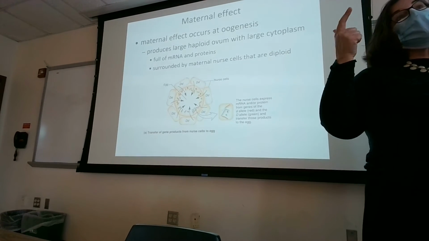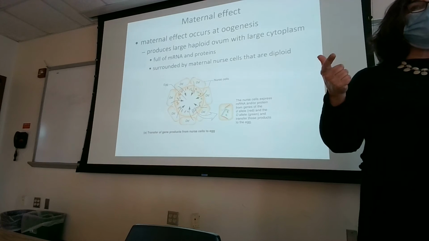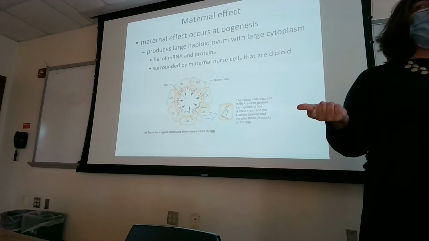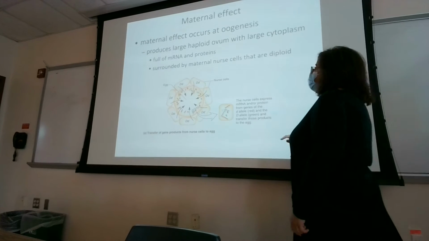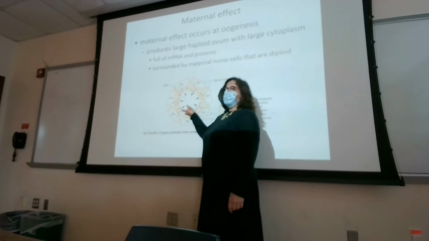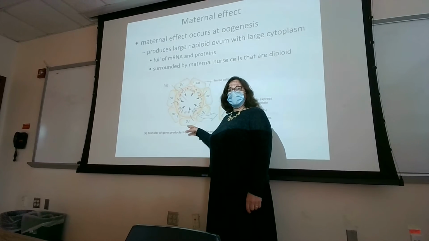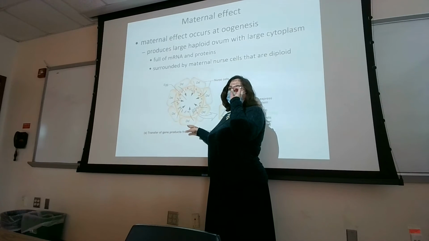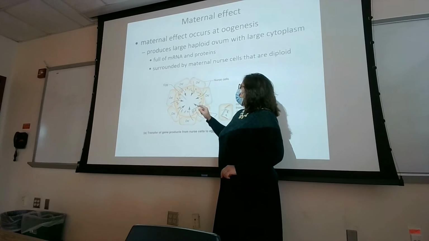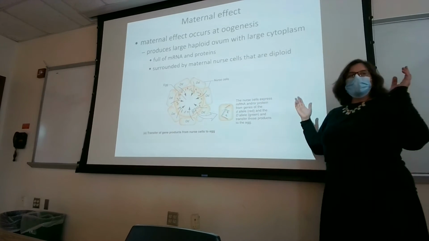Even though the egg itself is haploid, because this is an egg, no matter what genotype that is, it's going to carry some of each of these proteins. Now, it's going to load them up and transport them into the egg using a protein transport system.